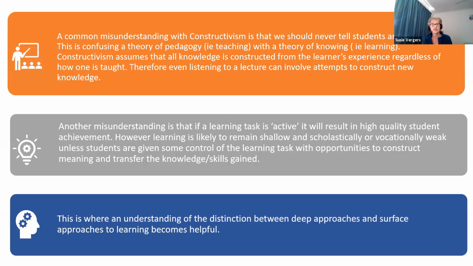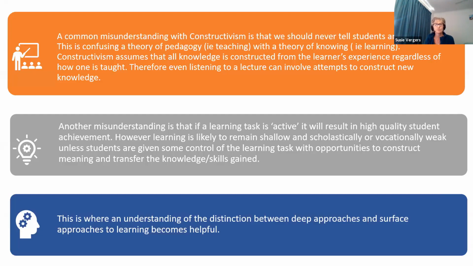Another misunderstanding is that if a learning task is active, it will result in high quality student achievement. It may result in high quality student engagement, but learning, as we know, sometimes doesn't follow engagement. Particularly, there's an argument about using active learning techniques, videos, and all sorts of things which can be entertainment but don't necessarily equal learning.